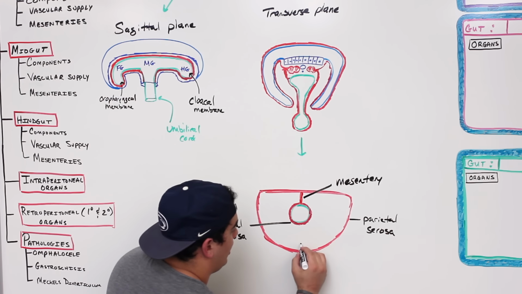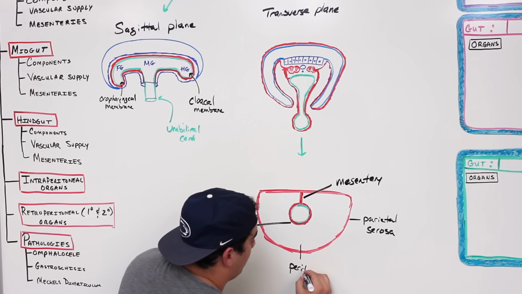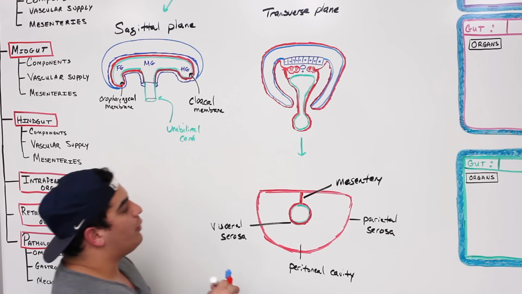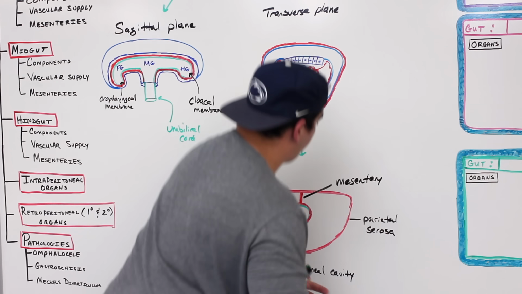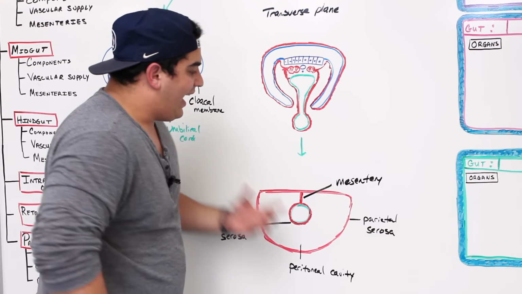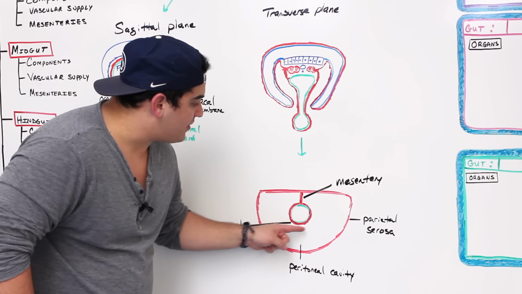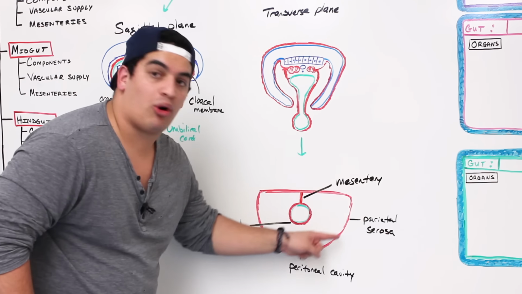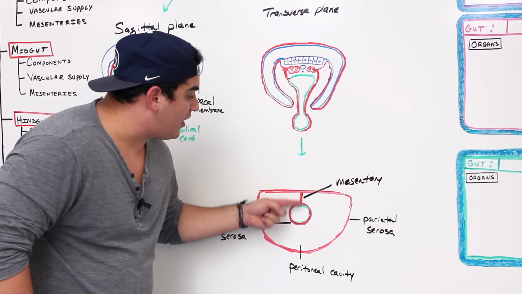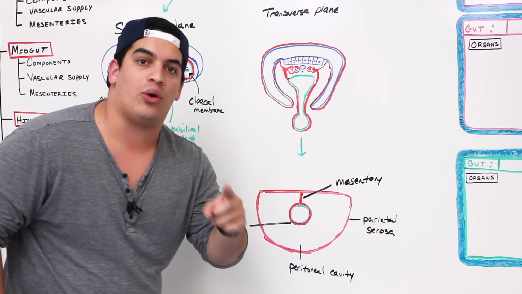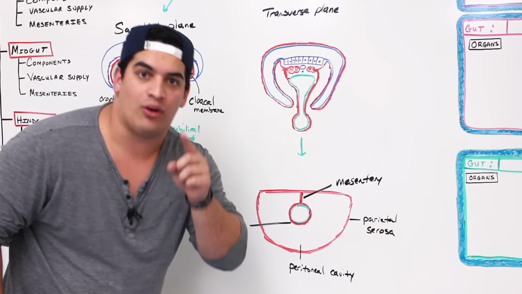And this is going to be the peritoneal cavity. The reason why I'm mentioning this is because any organ that has a mesentery and has this visceral serosa and this parietal serosa, and then the two connecting together through a mesentery, are primarily going to be intraperitoneal organs.